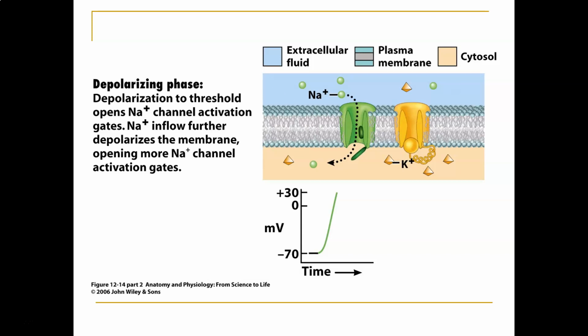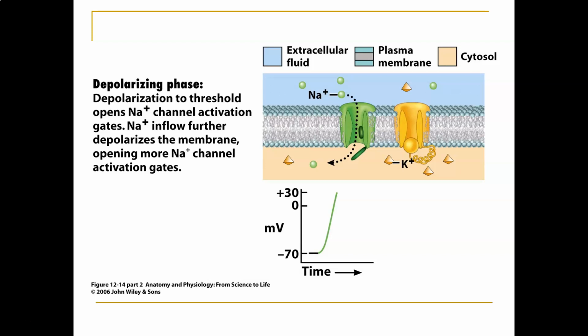This kind of gate is described as a voltage-dependent gate. Don't make it more complicated than it is. It just means the gate is open or closed depending on the membrane potential. At -70, the gate is closed. You've got to depolarize the cell about 20 or 25 millivolts to make it like -55.